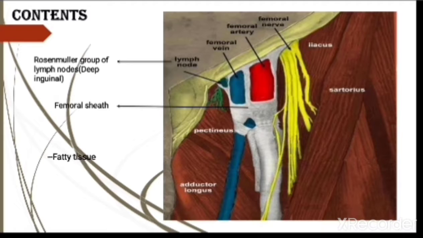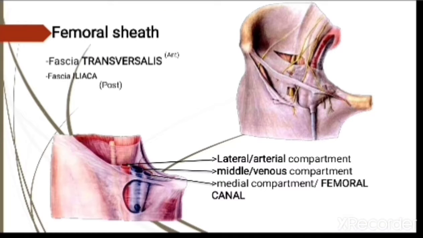These femoral triangle contents, except the femoral nerve, are enclosed in a sheath. This sheath is made up of deep fascia. This is known as the femoral sheath. The femoral sheath is formed by two layers. The anterior layer of the femoral sheath is made up of the fascia transversalis.